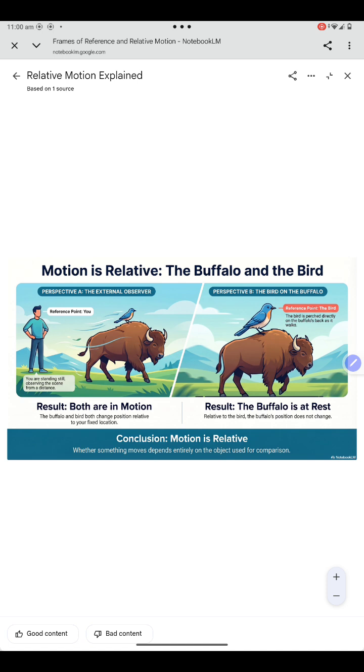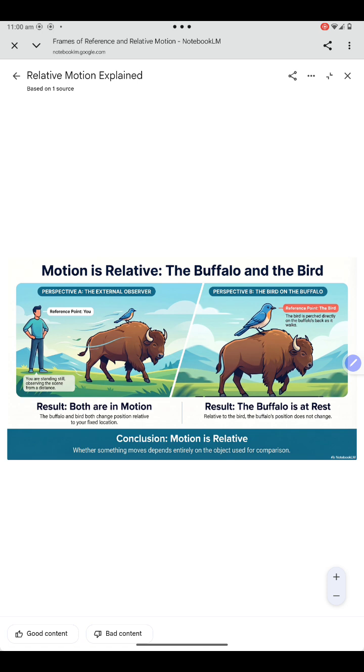In the second case, the reference point, or the one who is observing, is the bird, then it would say that the buffalo is not moving with respect to the bird. So the second picture represents that both the buffalo and the bird are at rest.